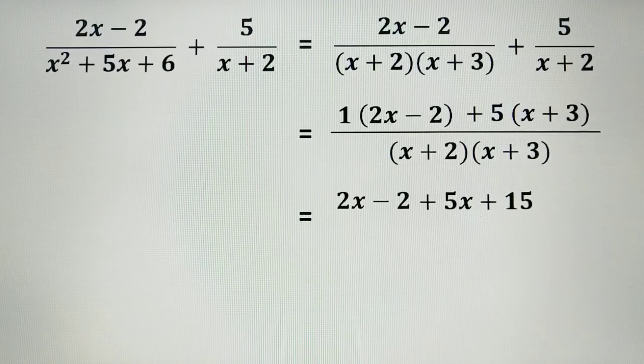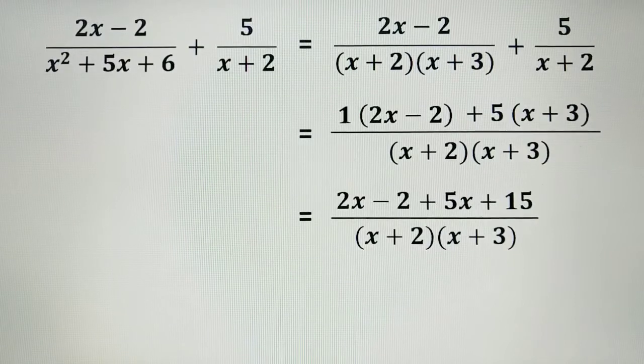Then we have 5x plus 15 after multiplying 5 times x plus 3, all over the denominator x plus 2 times x plus 3. Then simplify the numerator by combining like terms.